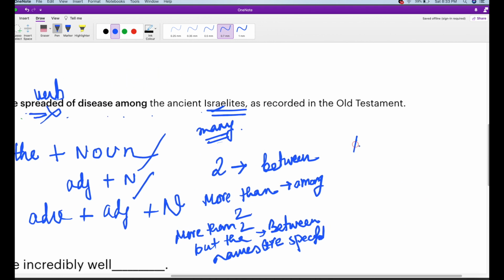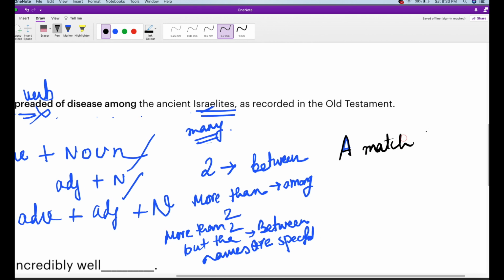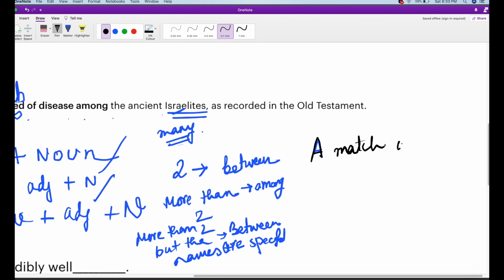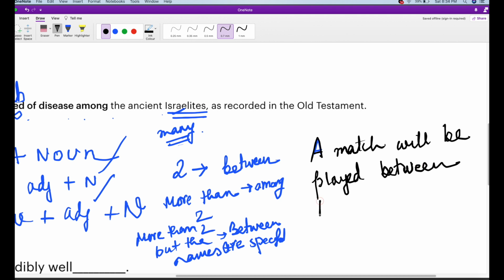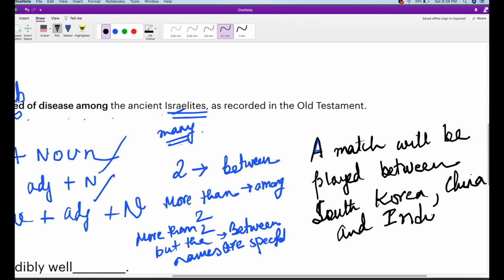Like, a tournament will be played between South Korea, China and India.